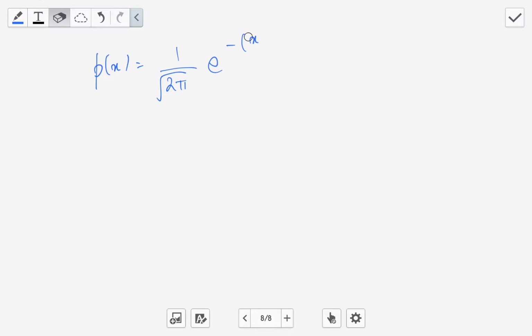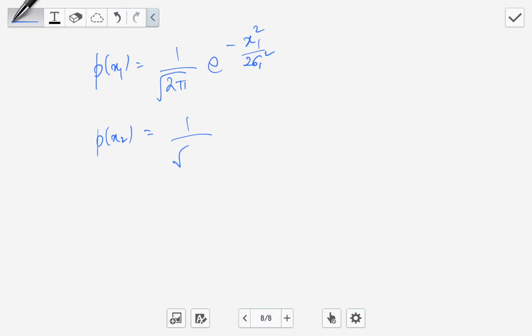Let us for the present consider this as 0 mean; we can shift appropriately whenever necessary. Let me call this x1. Now let me have another variable independent of x1, which is x2, with 2 sigma 2 squared.